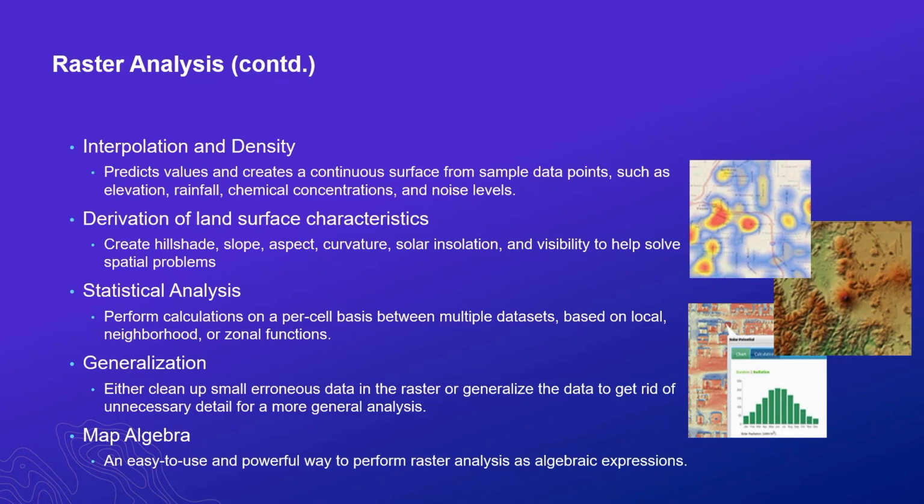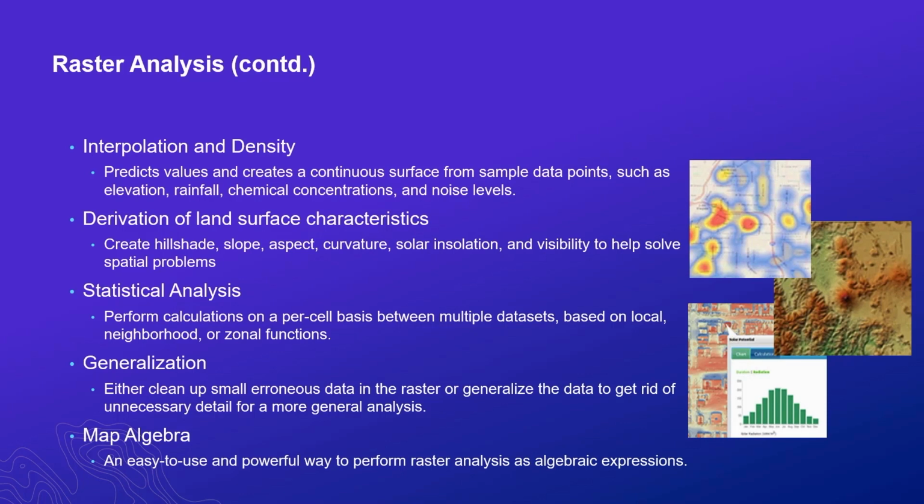Now, elevation, rainfall, and chemical concentration are all good examples of creating a continuous surface. You can also find density of crime, road accidents, and assets, stuff like that. And all those are important information to do different kinds of analysis and application.